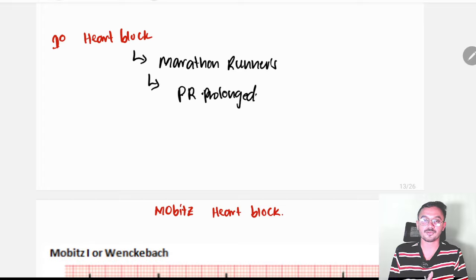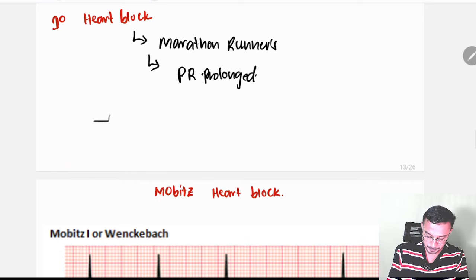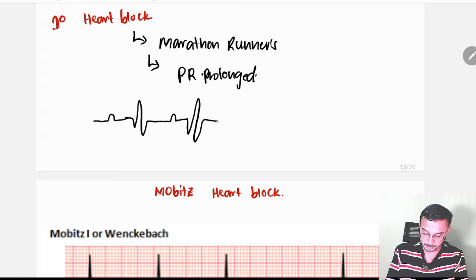If you take this Mobitz heart block, QRS will be missing. But in first degree heart block, if you look over here, this is P, Q, R and S.